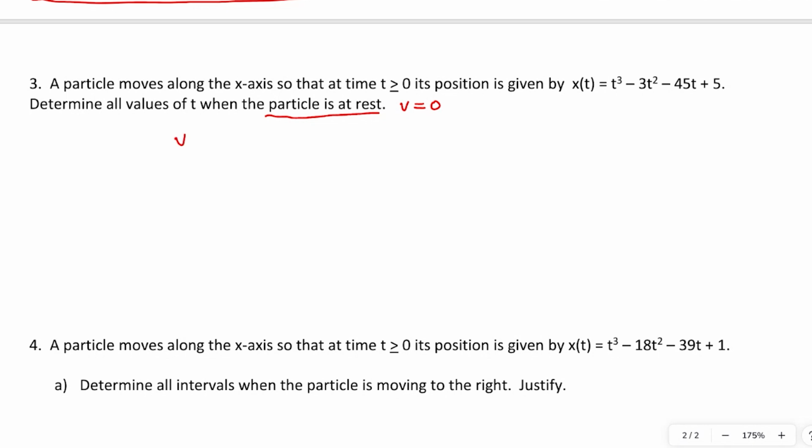Okay, so the velocity, which is the derivative of the position, is 3t squared minus 6t minus 45. And we're interested in where that is 0. So we could just set that equal to 0 and solve it. We've got a nice little quadratic here.